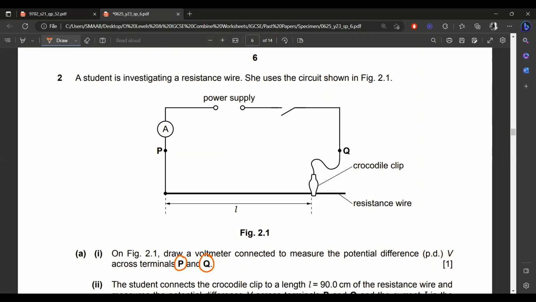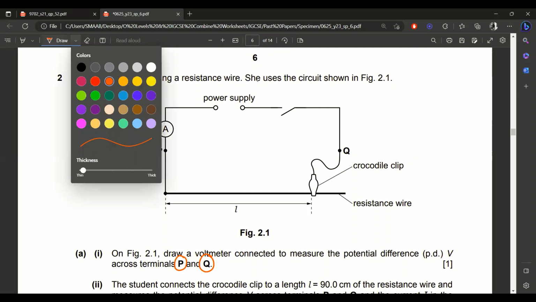If you remember when we talked about the ammeter and voltmeter, the ammeter will always be connected in series, or parallel? Series. That's why the ammeter is already connected in series. And if we have to measure the voltage, we have to connect the voltmeter in parallel combination, right? That is also very simple.